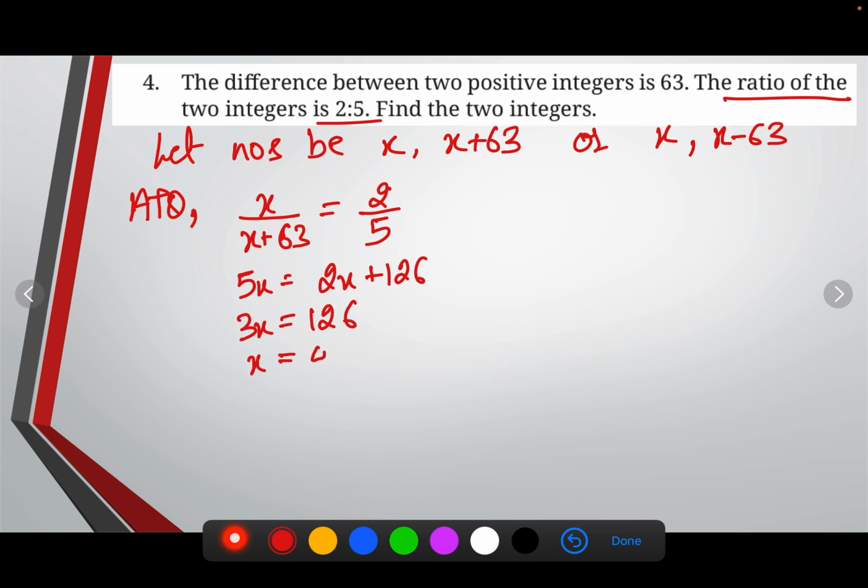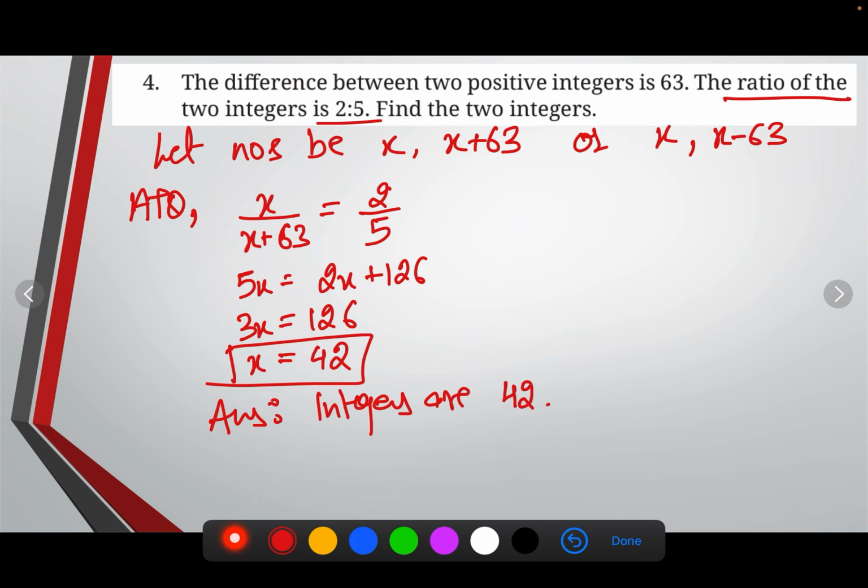So x is 42. So what would be the numbers? My final answer: the integers are 42 and 42 plus 63, so 105. I hope it is clear.